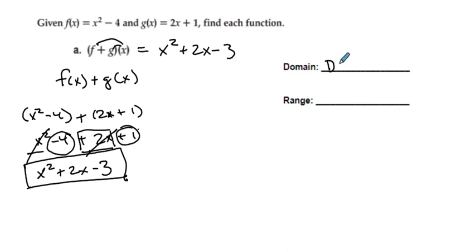D is equal to, and then we're going to use our brackets. Then we go x, and then you put a straight line down. It's like half of an absolute value bracket, and it has nothing to do with the absolute value, but that's what it looks like. This is saying for all x, and then we would say x is all real numbers, and then we close off our brackets.